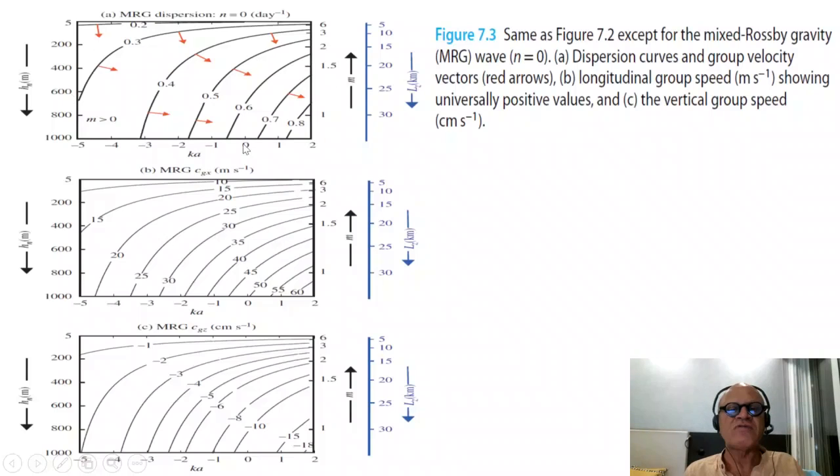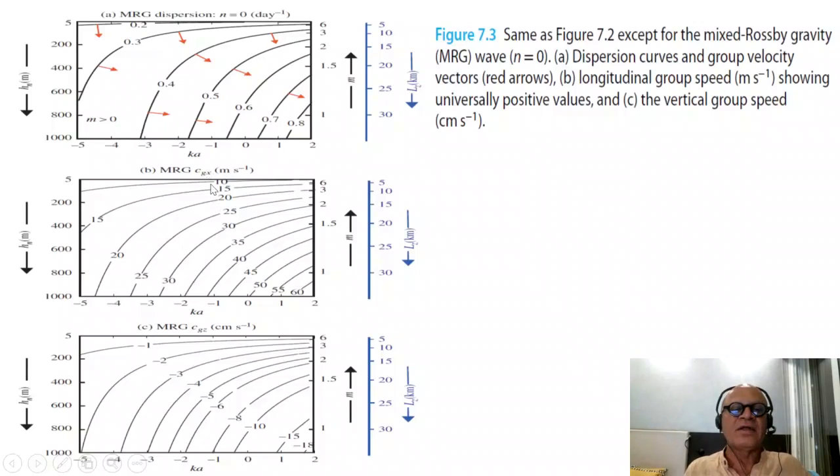So longitudinal wave number or the equivalent depth, which is the same as saying the vertical wave number as well. So that's a slightly different way of looking at it. Okay. We are not plotting m negative here, the downward propagating waves. You can imagine how those curves will look for those.